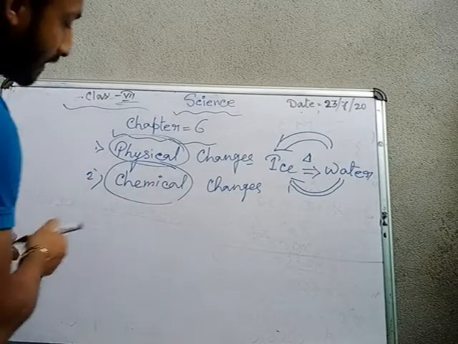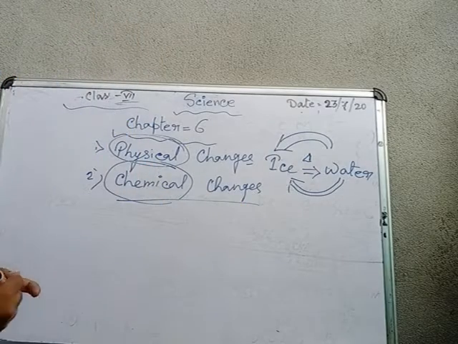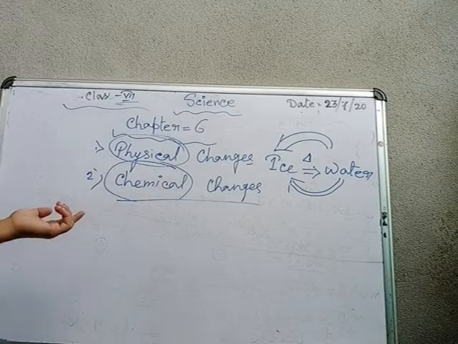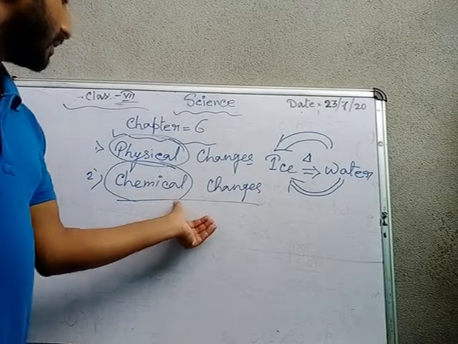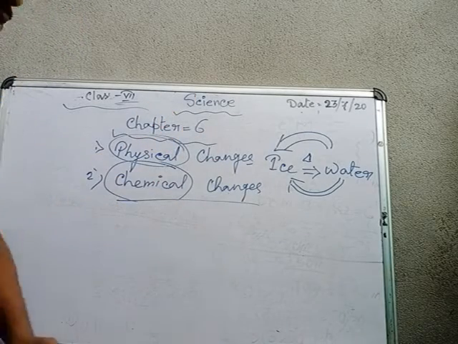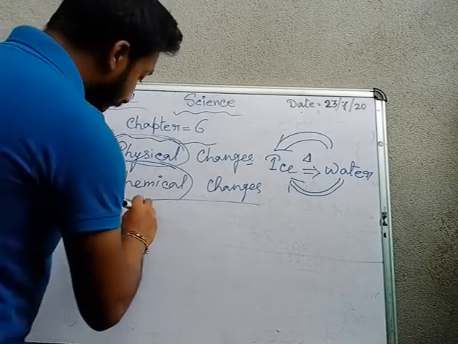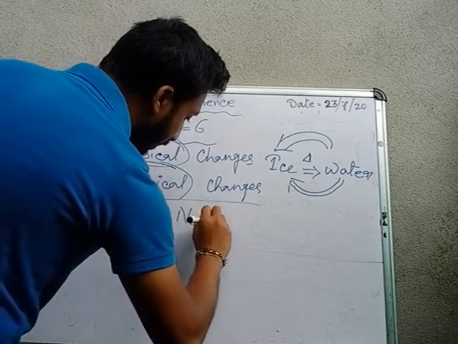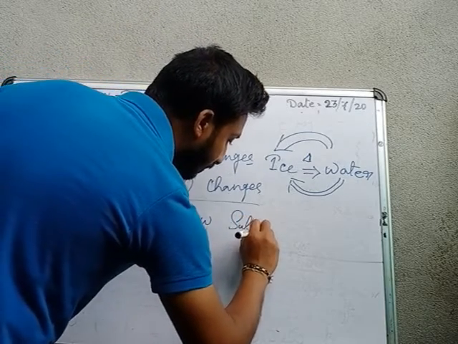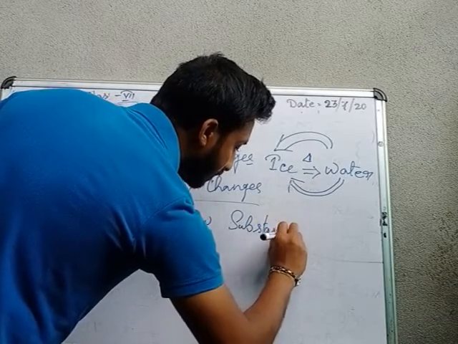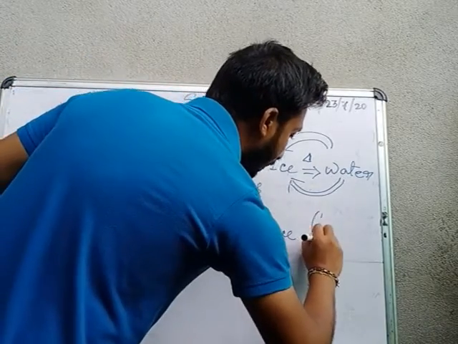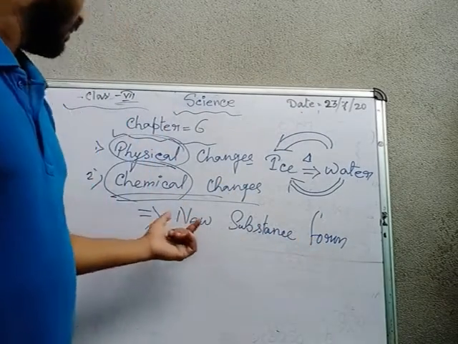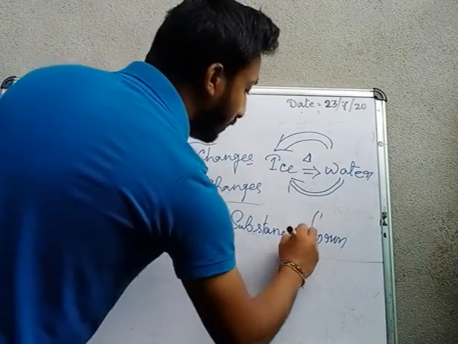But chemical changes are permanent changes, or internal changes in the substance. The substance changes internally into another stage, that means a new substance is formed. By these chemical changes, a new substance is formed.